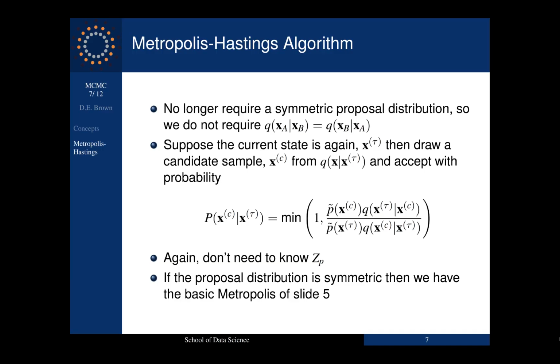Now let's ask ourselves, why would we want to use a proposal distribution that is asymmetric? And the answer to that is that in many real problems, we don't have target distributions that are symmetric that we're going after, and hence the proposal distribution should not be symmetric. For example, consider a case where we're looking to model the distribution of variance.